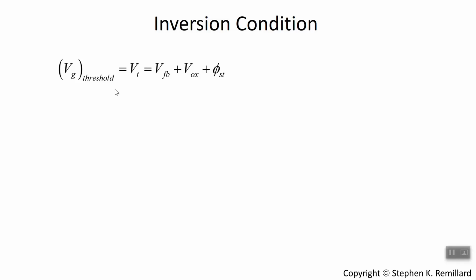The gate voltage at the threshold to inversion is the flatband voltage plus the oxide voltage plus the surface potential at threshold to inversion. I'm going to do a little replacement here. I'm going to say, okay, at the threshold to inversion, all of the voltage drop across the oxide is due entirely to the depletion region.